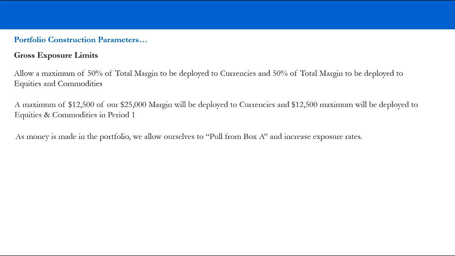And our net exposure to equities, commodities, or a mix of the two is 62,500. And our exposure or net exposure to currencies is going to be $62,500 as well. So we're splitting our exposure, our net exposure here, to 50% towards each asset class.